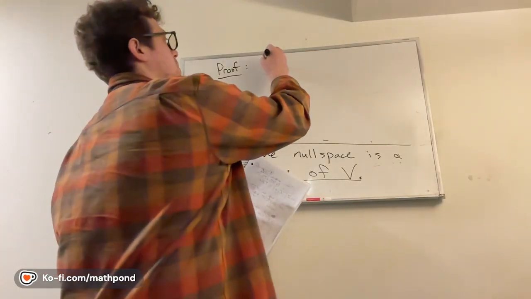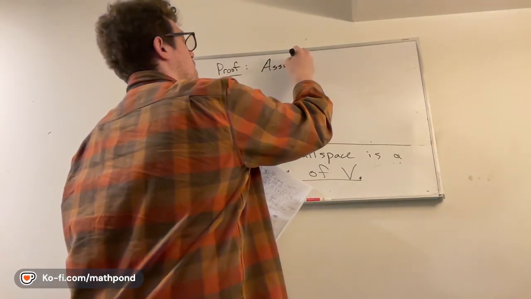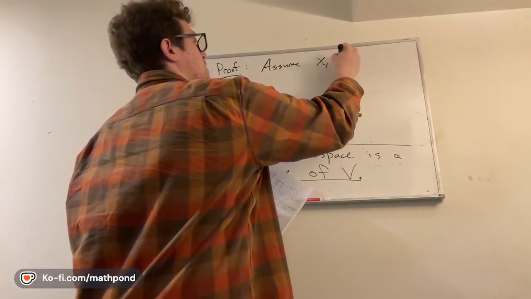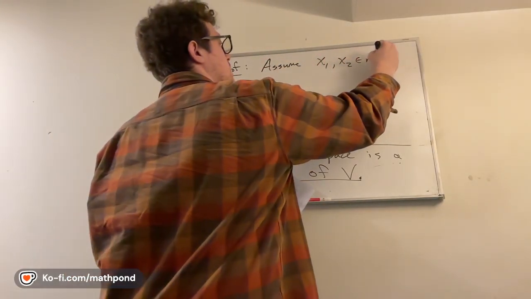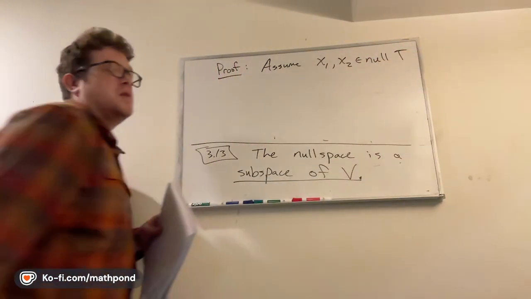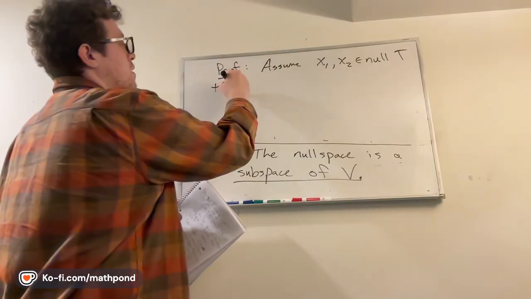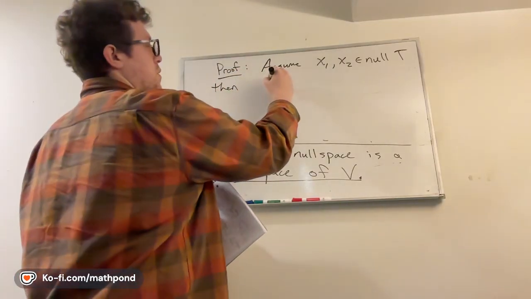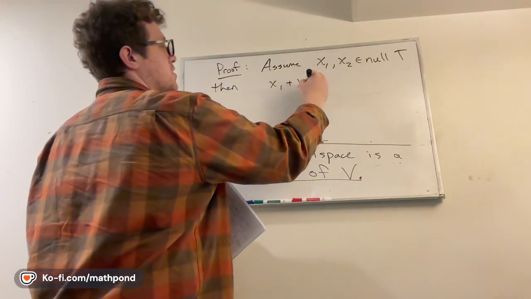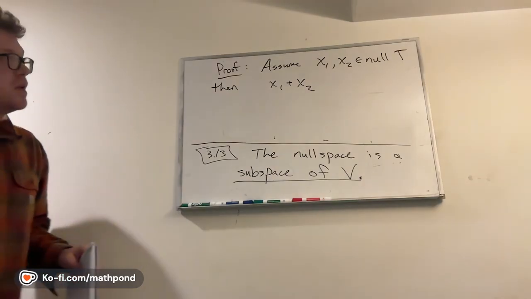So assume x1 and x2 are in the null space of some linear transformation T. Then we want to show that x1 plus x2 is in the null space, right?